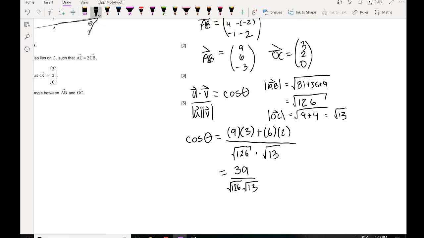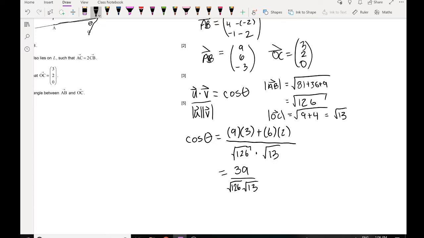And now I got to get out my calculator for this. 39 divided by square root of 126 times square root of 13. And then I'm going to do cos inverse of that value.